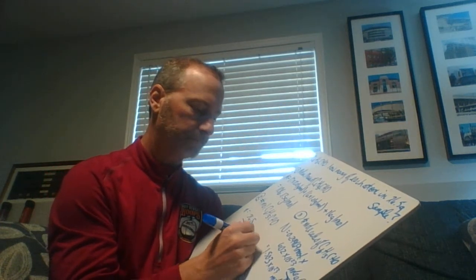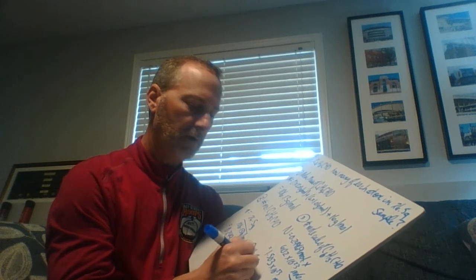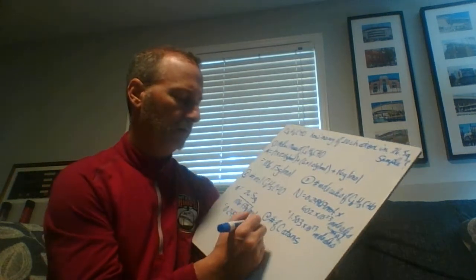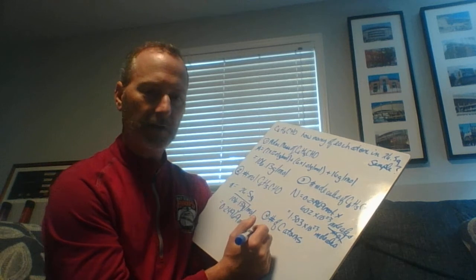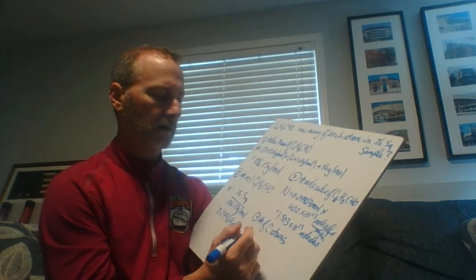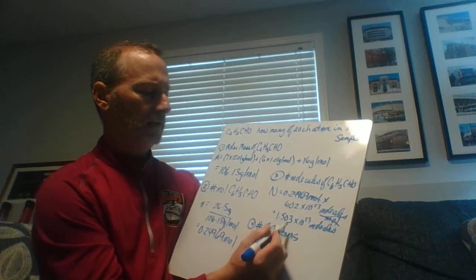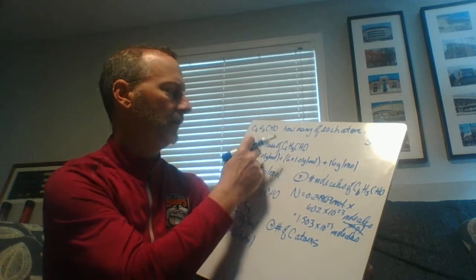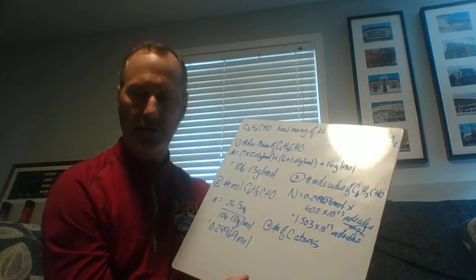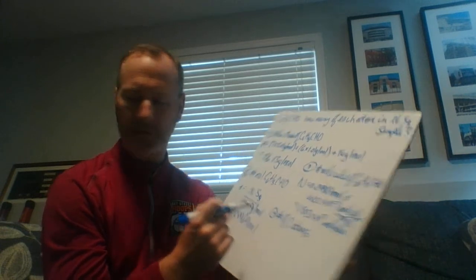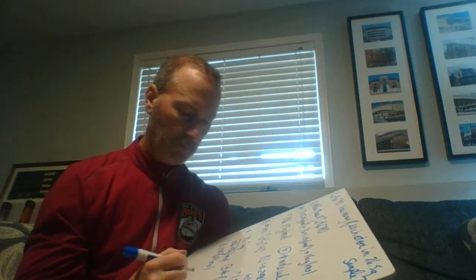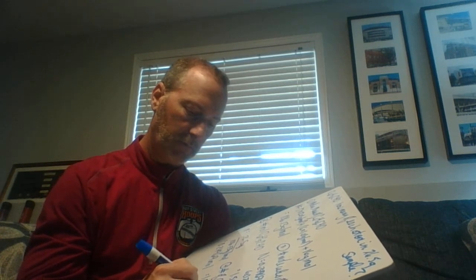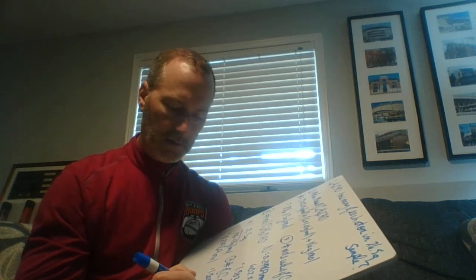So step 4 would be number of carbon atoms. Okay, number of carbon atoms. So in that one, we know that for each molecule, there are 7 carbons, 6 hydrogens, and 1 oxygen. So what I'm going to do is take the number I just had, which would be 1.503 times 10 to the 23rd molecules.